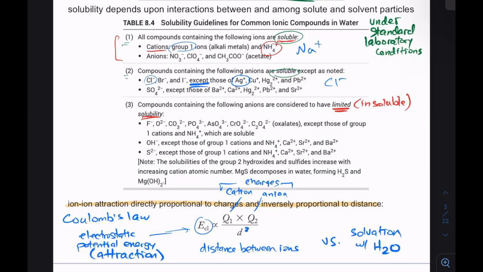So as an example, let's look at this one, hydroxides. Hydroxides tend to be of limited solubility, except for those of group 1 cations. And look at this, calcium ions, strontium cations, and barium cations. What do we have above calcium in the periodic table? Magnesium.